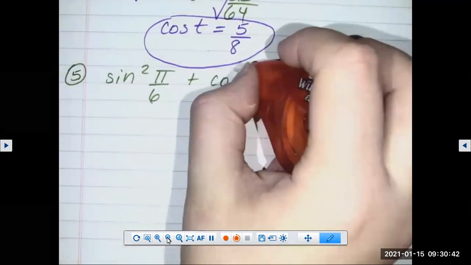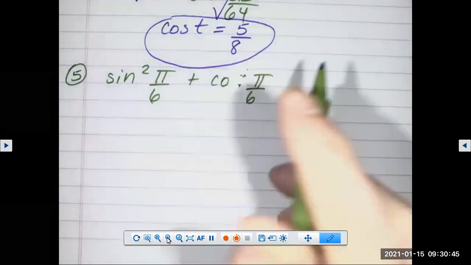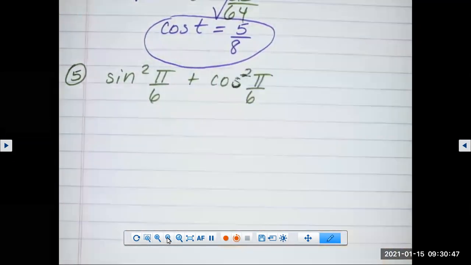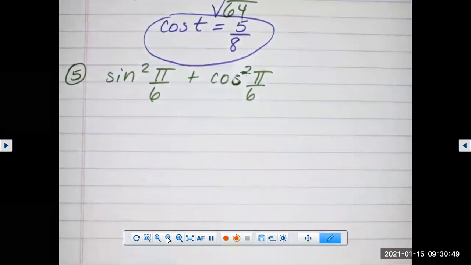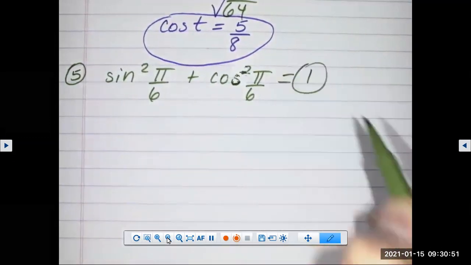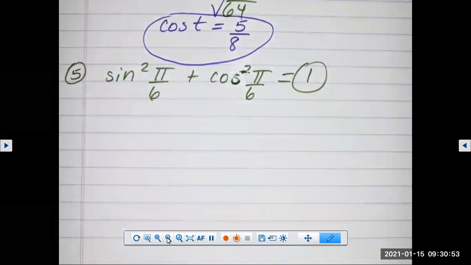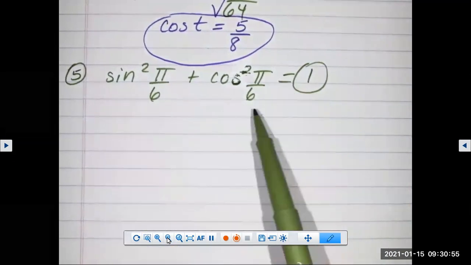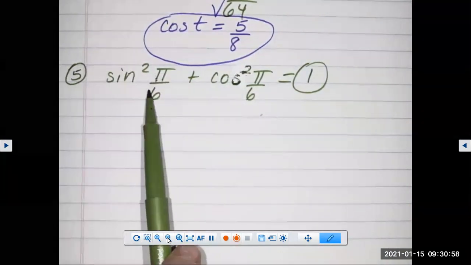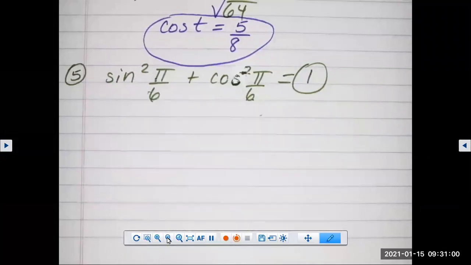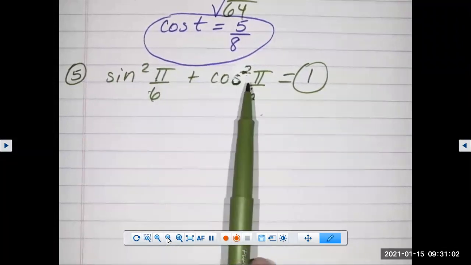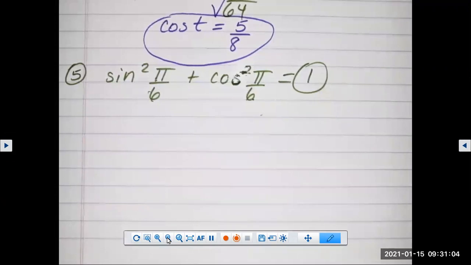Sine squared plus cosine squared of the same angle is always equal to what? Good. 1. You don't have to do any work. Now, if you don't know that identity, you can find the sine of pi over 6, cosine of pi over 6, square them and add them. But if you'll remember that identity, you don't have to do any work.